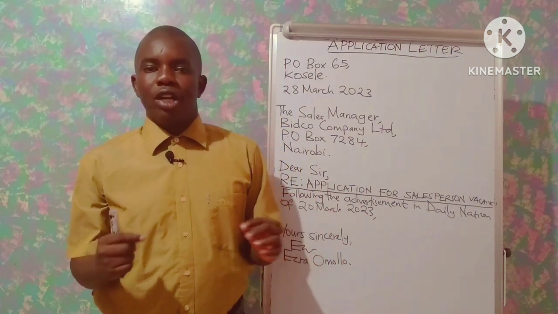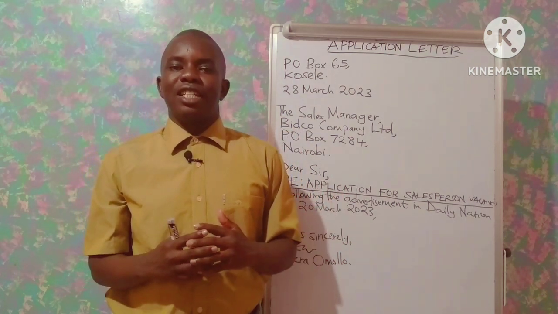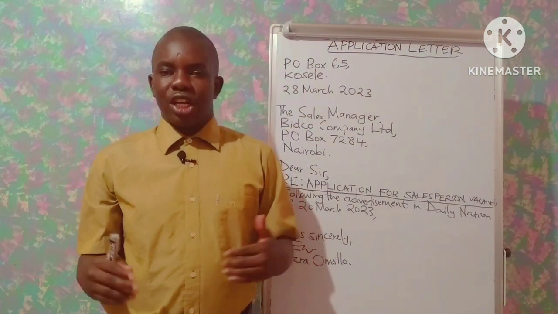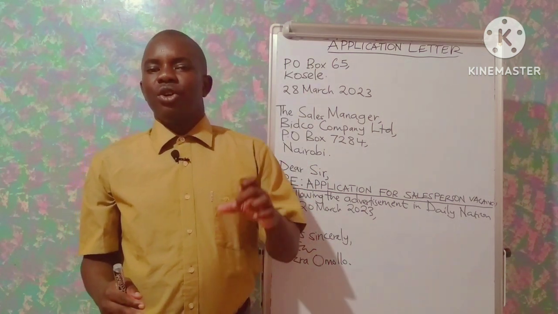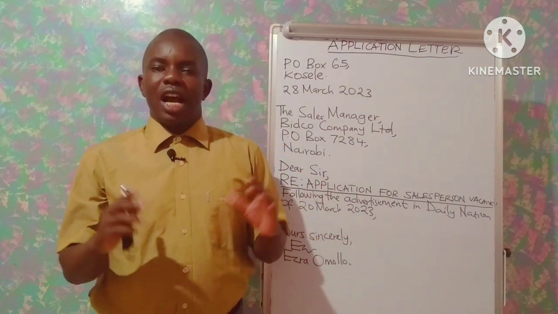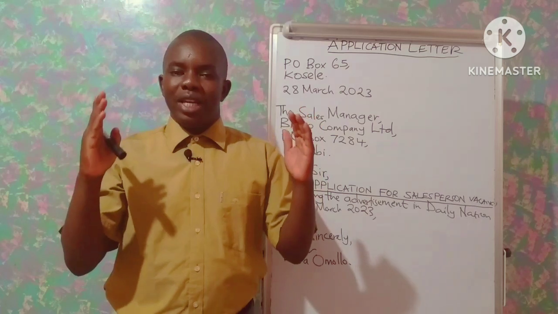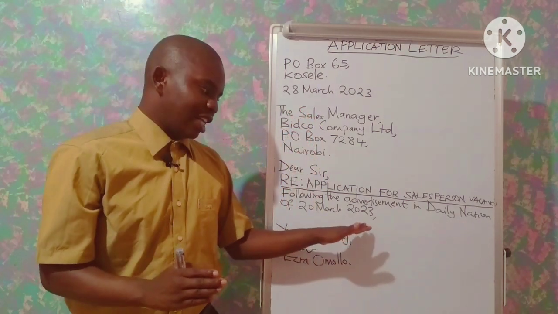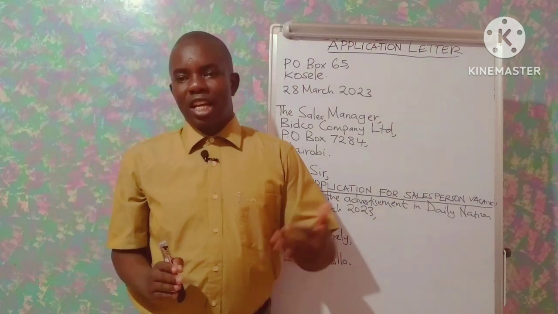You must be a holder of the identification card. You must be fluent in both English and Kiswahili. So those instructions that you've been given in the question are going to help you a big deal to make your case at the body here.